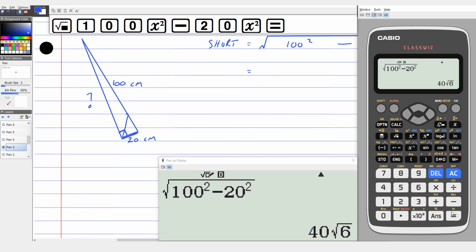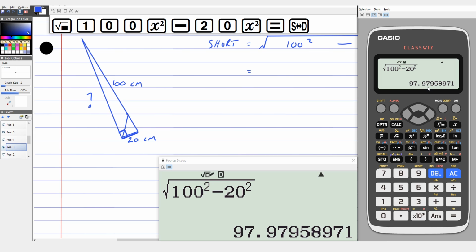Calculators often give us the surd form unless you set them up differently, but all you need to do is press SD. So the other side is 97.979 centimeters long, but we're going to round it to 2 decimal places.